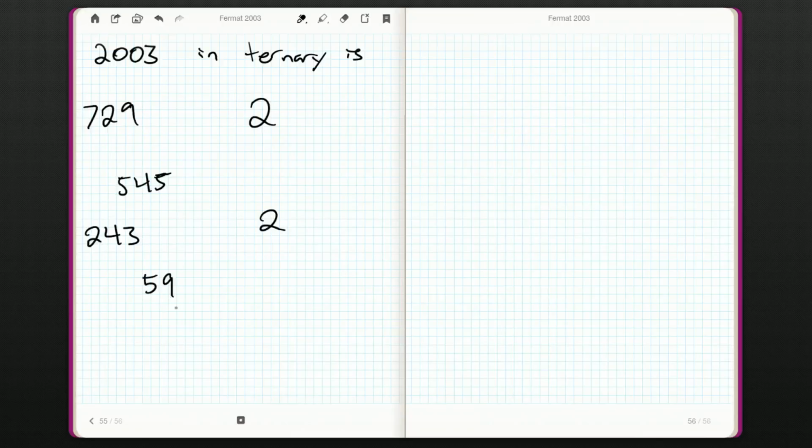What's the biggest power of 3 that fits below there? We have to skip over 81. There are 0 81s in there. But there are 2 27s, because 54. And then we'll be left with a 5. And so there'll be 0 9s and 1 3. And then that leaves us with 2, and so there'll be 2 1s.